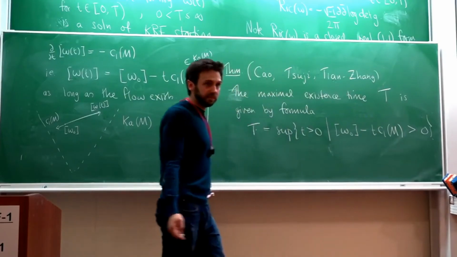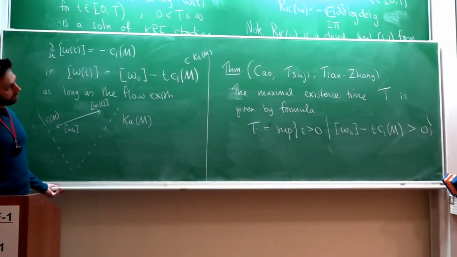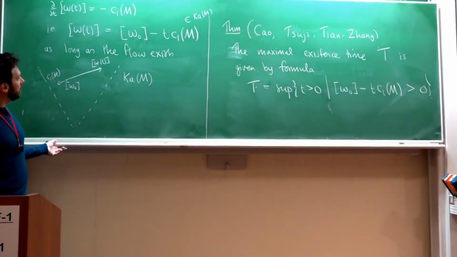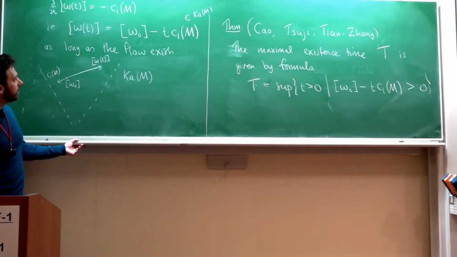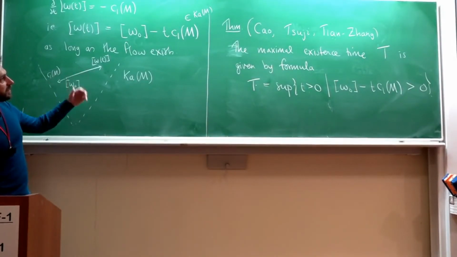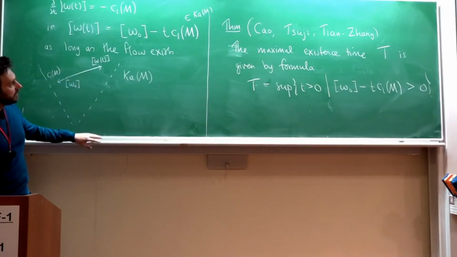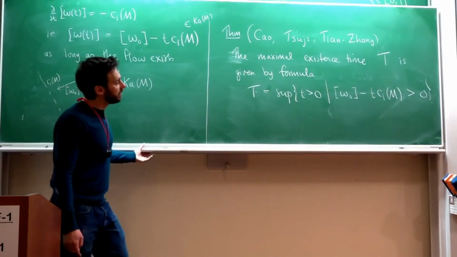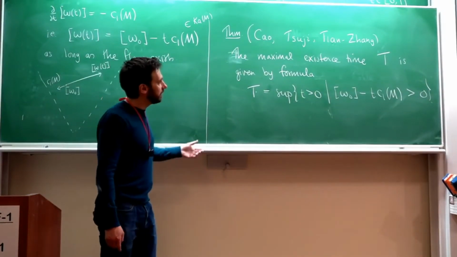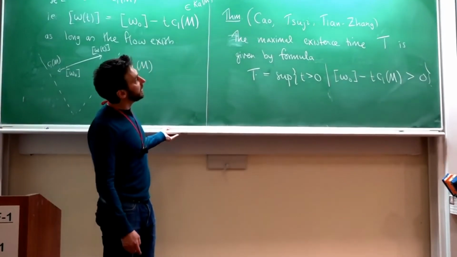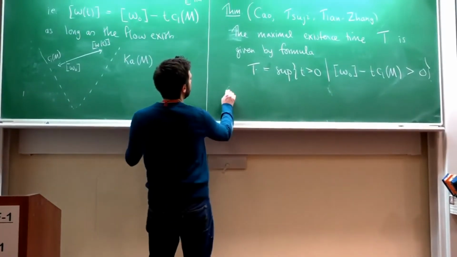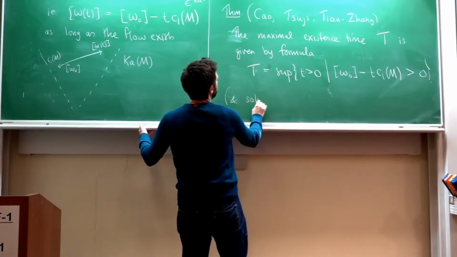In other words, that's a positive element of H^{1,1}. So as long as we stay in the Kähler cone, there exists a solution of the Kähler-Ricci flow, and moreover, the solution is unique.